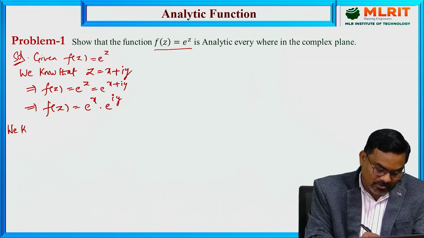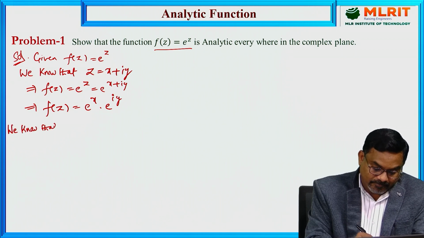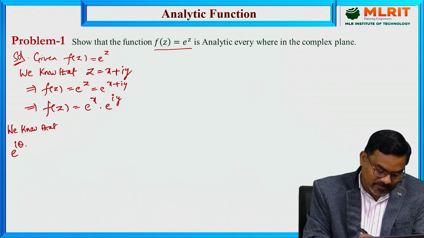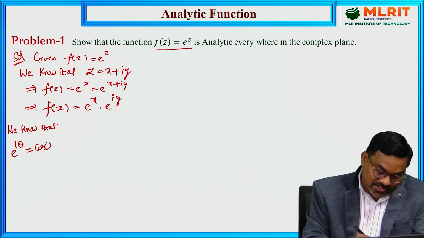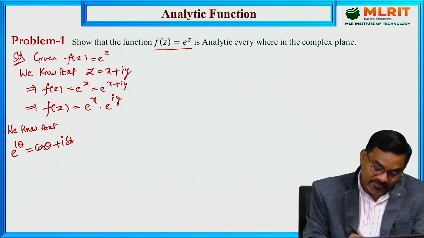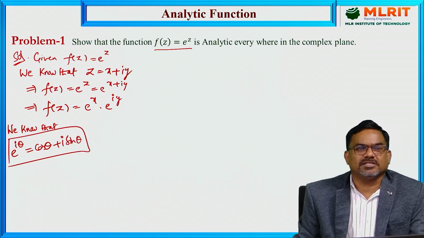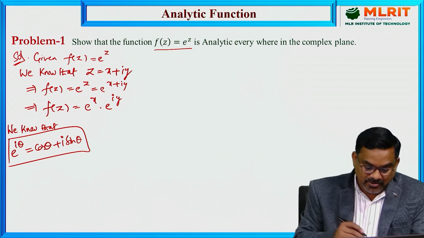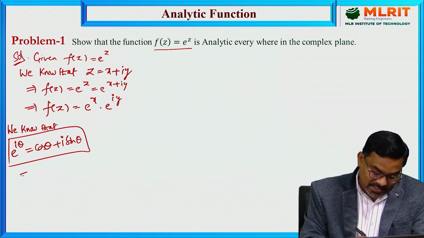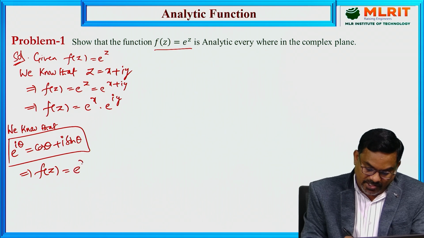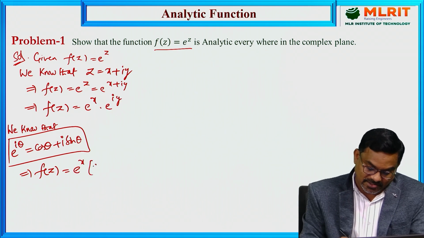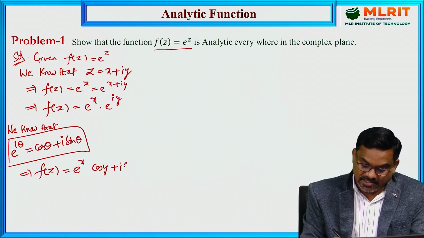We know that e power i theta is cos theta plus i sin theta. This is well known to all. Using this, we can expand e power iy. So f of z equal to e power x into e power iy can be written as e power x into cos y plus i sin y.